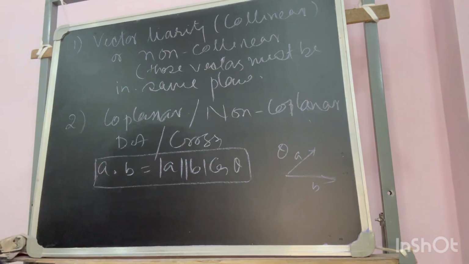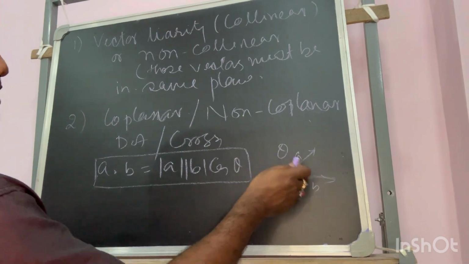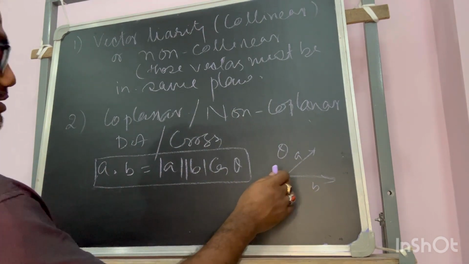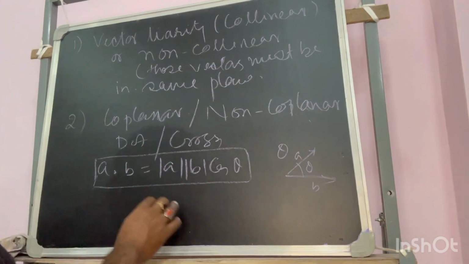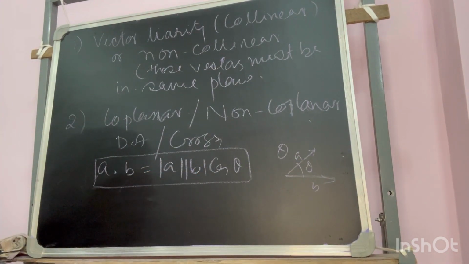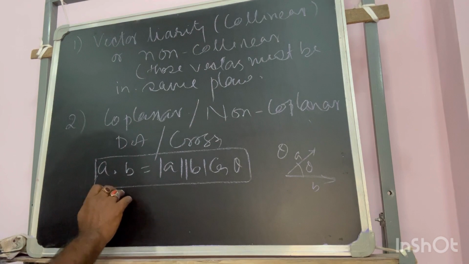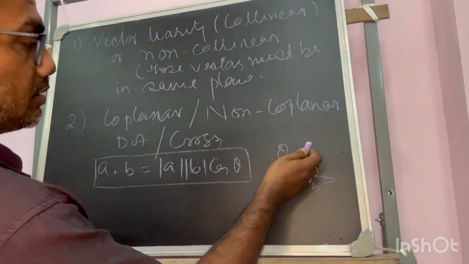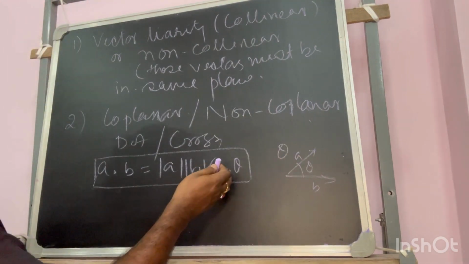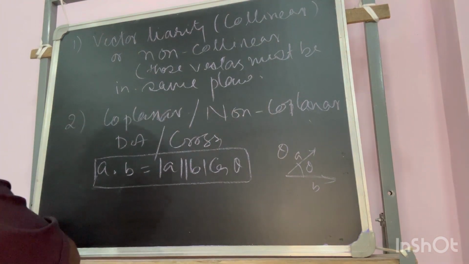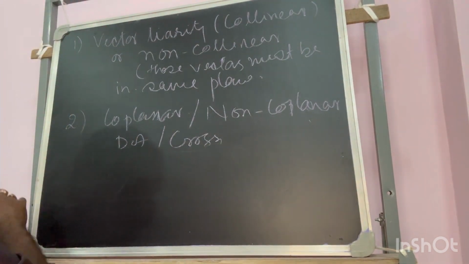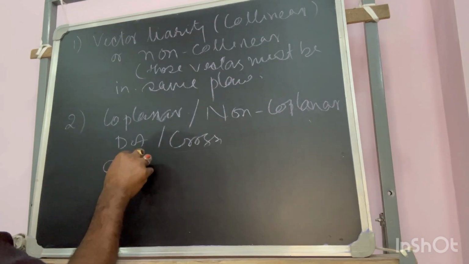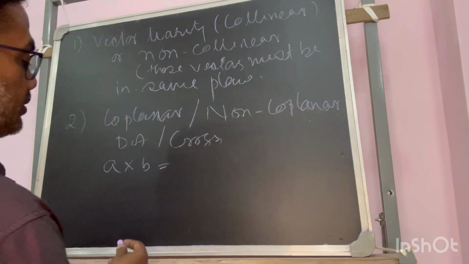For the dot product, the vectors definitely have to be in the same plane, and the multiplication is a scalar multiplication. So this will follow the cos theta rule. But to be collinear, the cross product has to be 0.